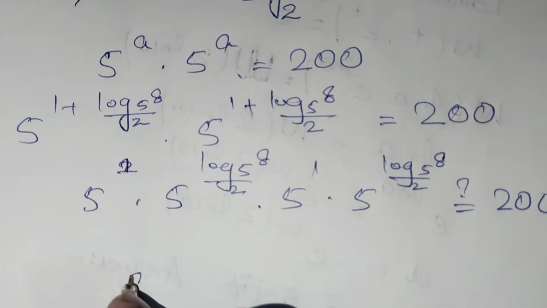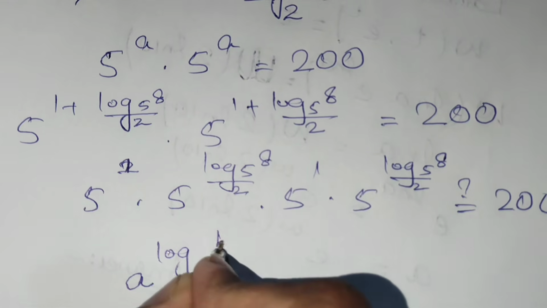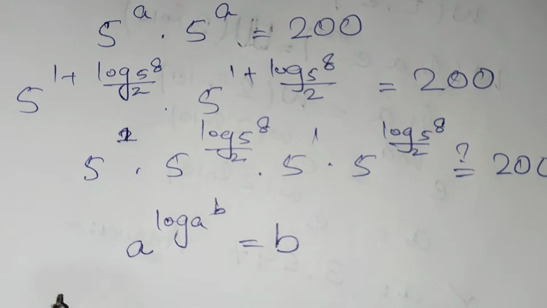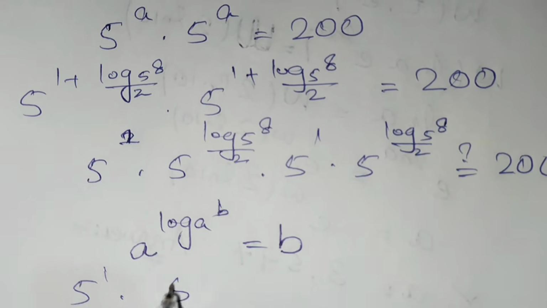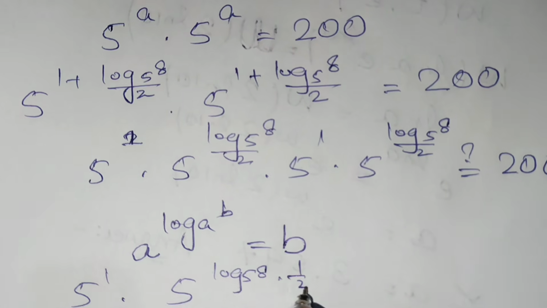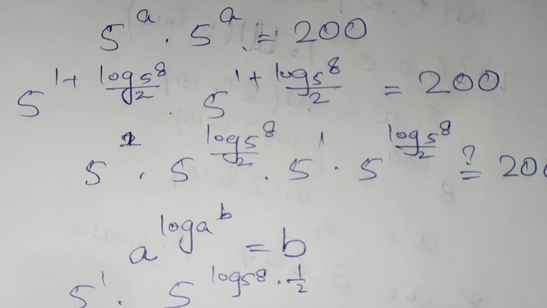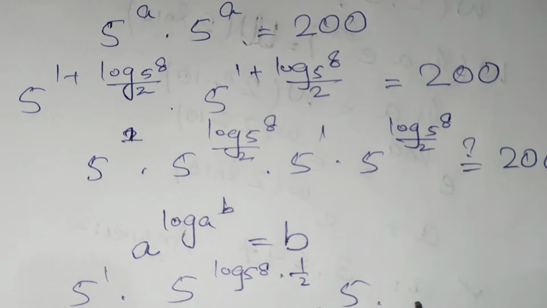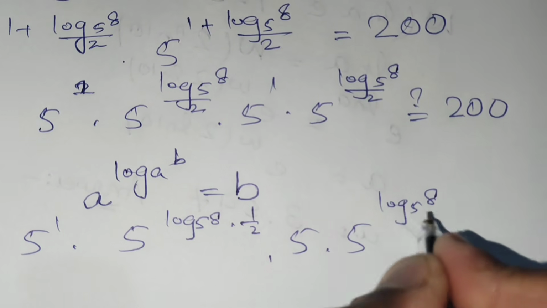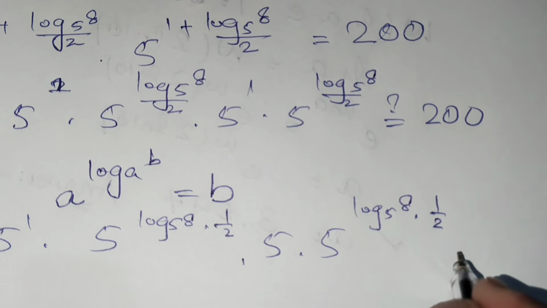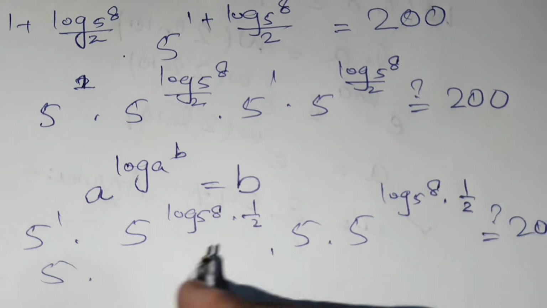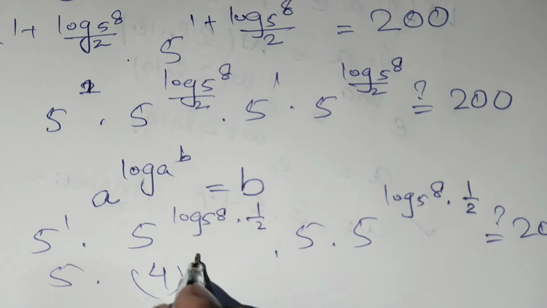We know that a power log of b with the base a always equals b. So here we have 5 power 1 times 5 power log of 8 with the base 5 times 1 over 2, multiplied by 5 times 5 to the power log of 8 with the base 5 times 1 over 2, equals 200.